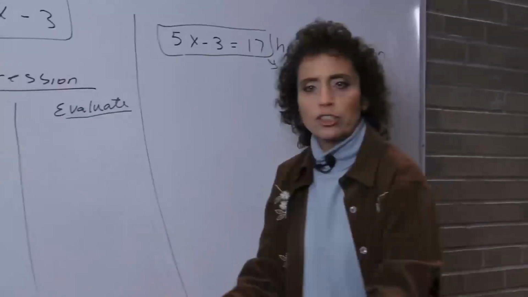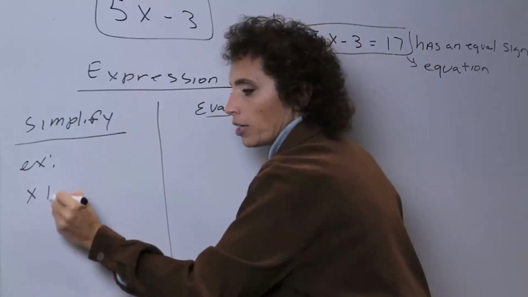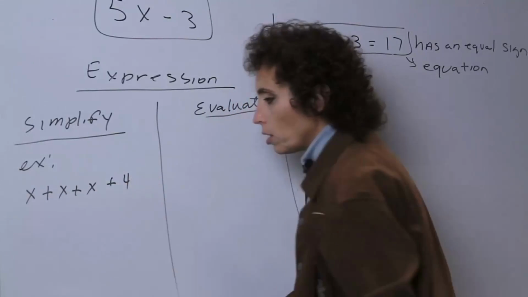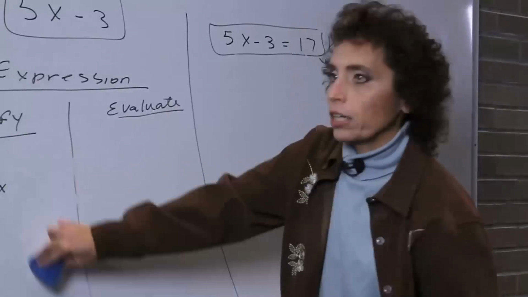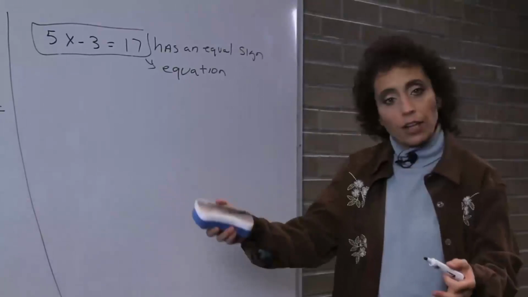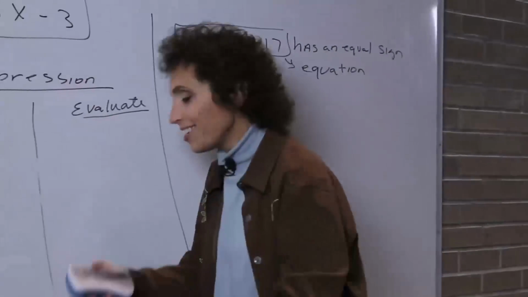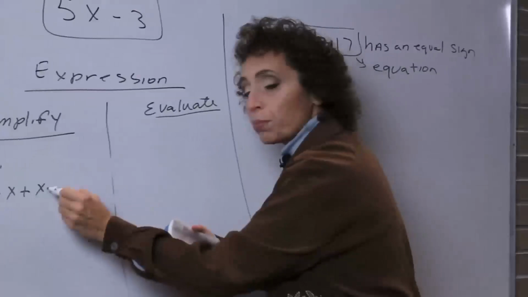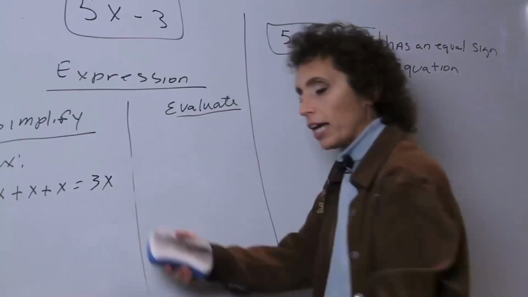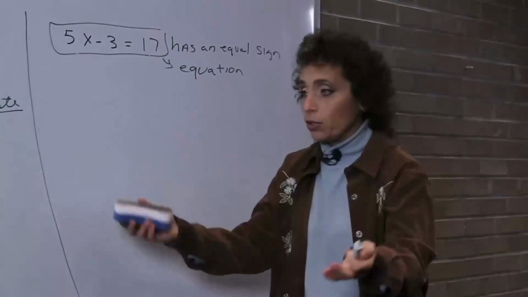Let me give you an expression like x plus x plus x. That's an expression. I can add those. We showed you earlier that x plus x plus x, since it's repeated addition, is multiplication. So that's just 3x. If I have one x and another x and another x, I just have 3x. That's simplifying.